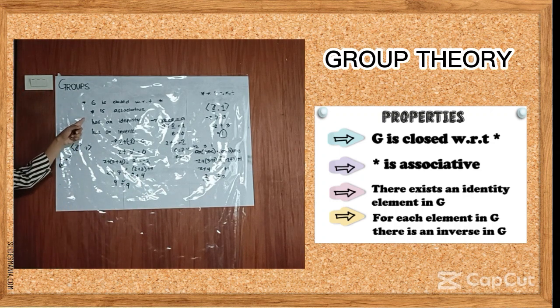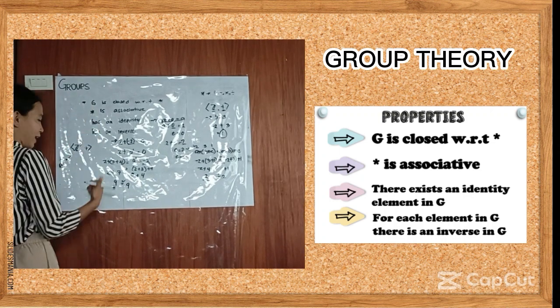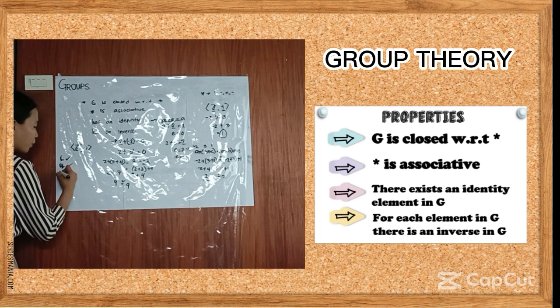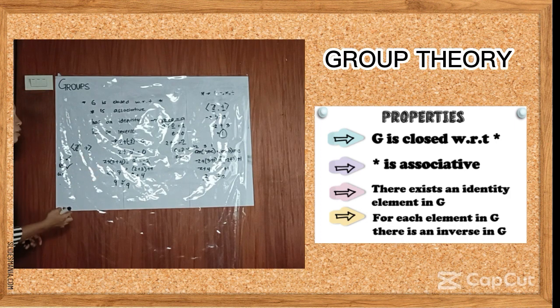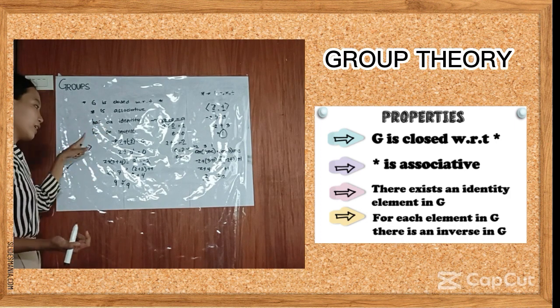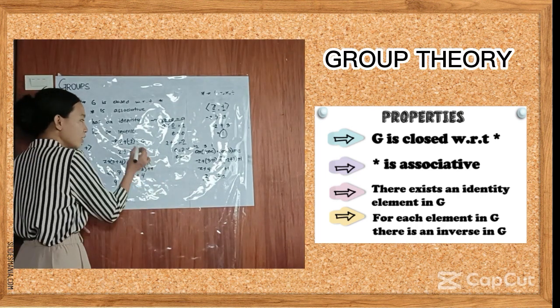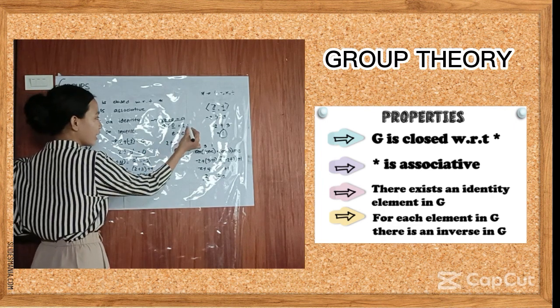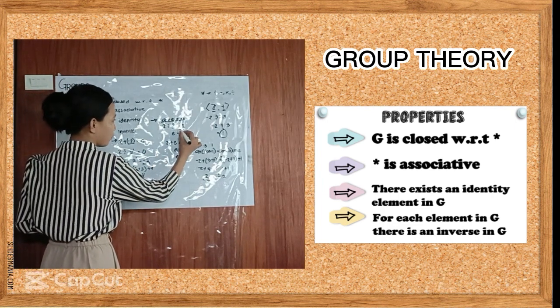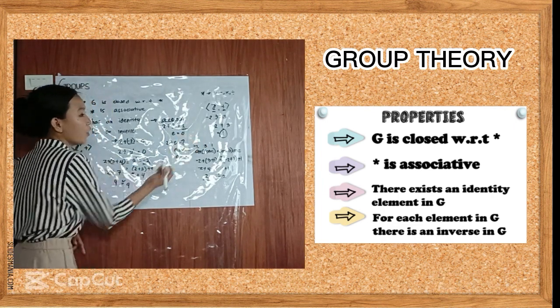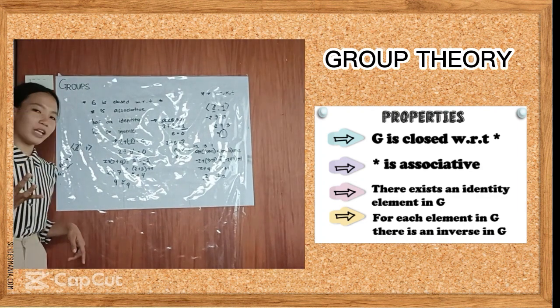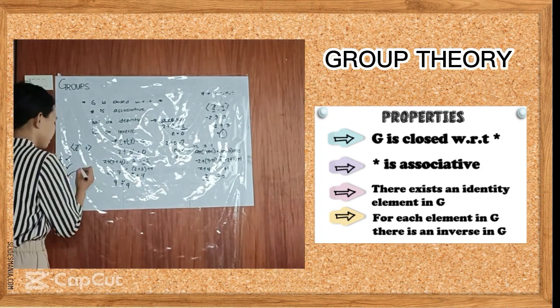The second property is satisfied. Third property: it should have an identity. What is the identity of the positive integers? Again, our identity here is 2. Therefore, the third property is satisfied.